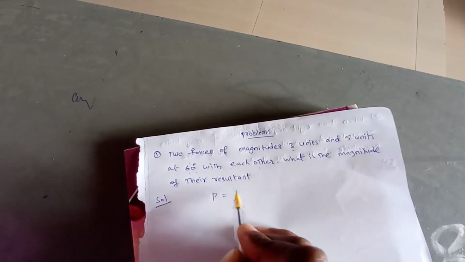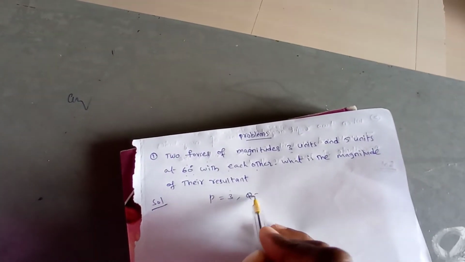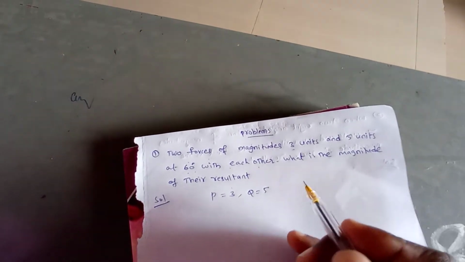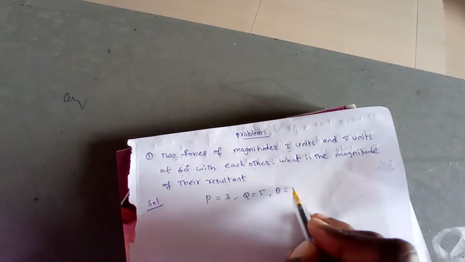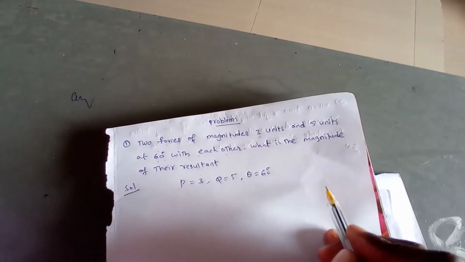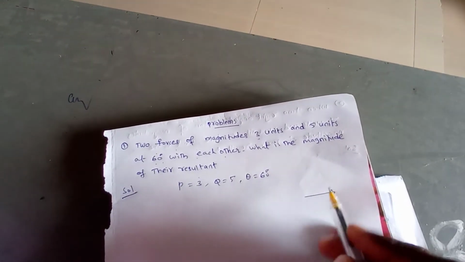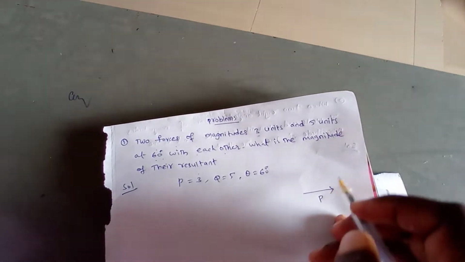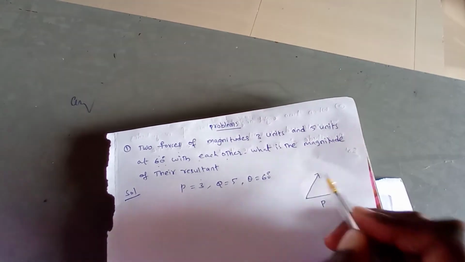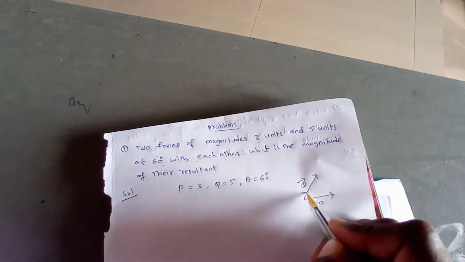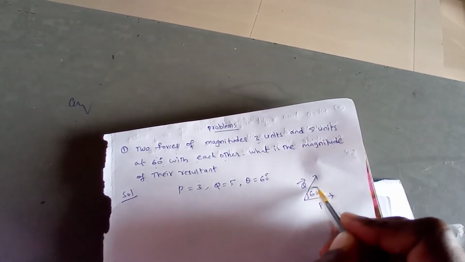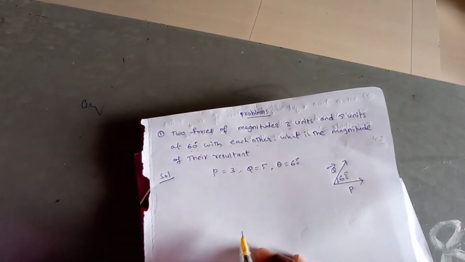Suppose I am taking P equal to 3, Q equal to 5. What is the angle between these two? 60 degrees. This is one vector, that is P. This is another vector, that is Q. What is the angle between these two? 60 degrees. What we have to find here?